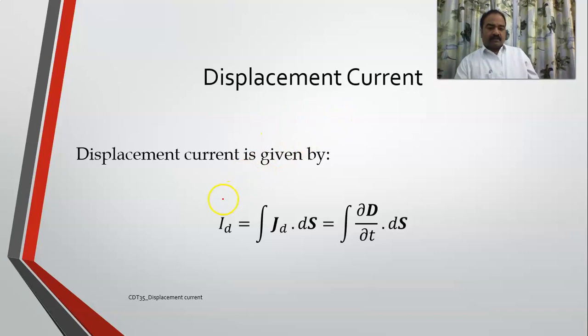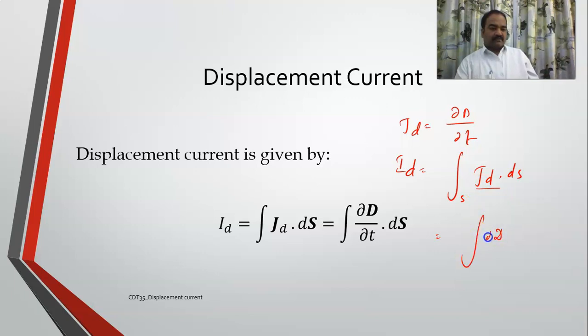If you want ID over a surface, then we need the surface integral of the current density. This is your equation for determining the current.